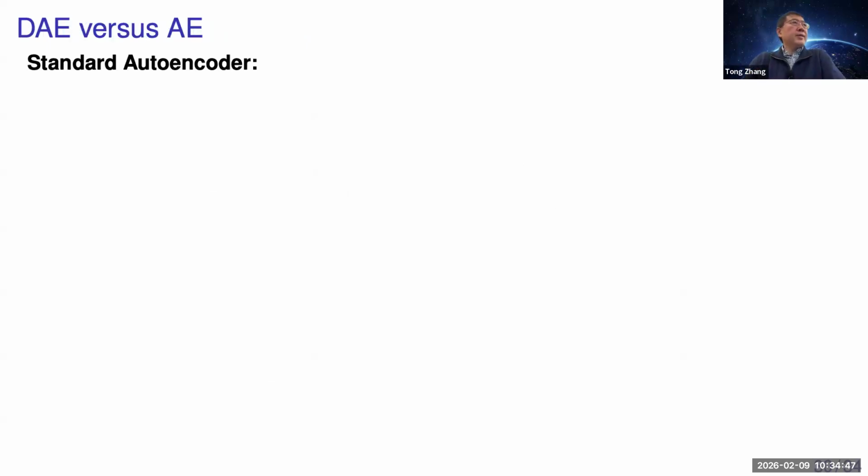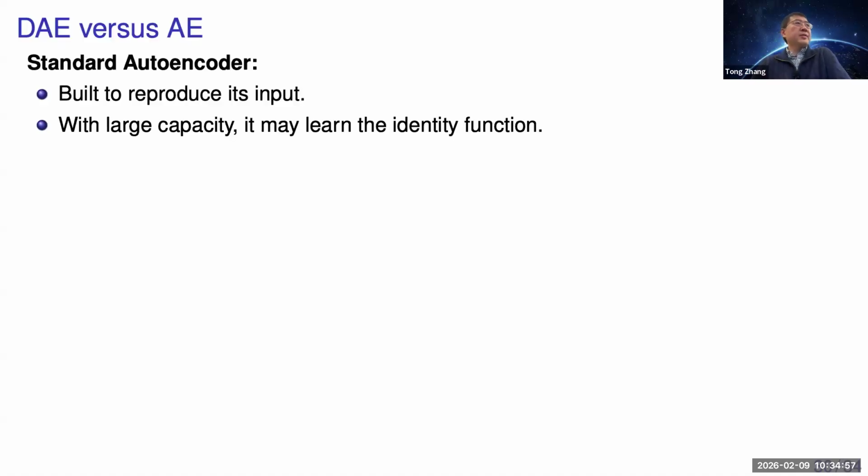So what is denoising autoencoder versus autoencoder? A standard autoencoder is built to reproduce its input. There is certainly large capability to learn identity, or at least it's not learning enough representation. You try very hard to learn identity, and this is not good.